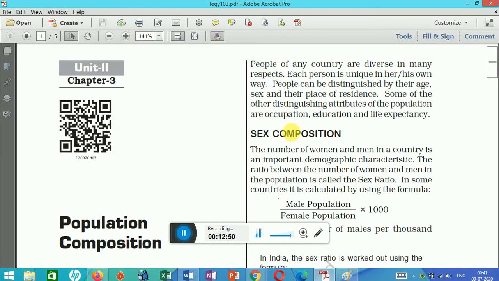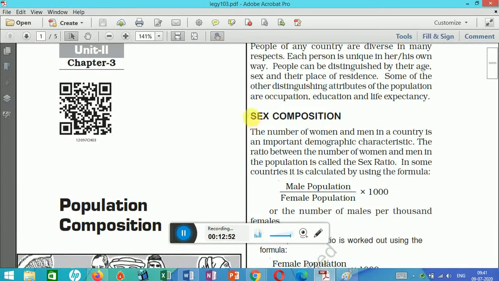So the first important aspect of population composition is sex composition, also known as sex ratio. Actually, study of sex composition is very important because it tells the socio-economic status of women in a country.